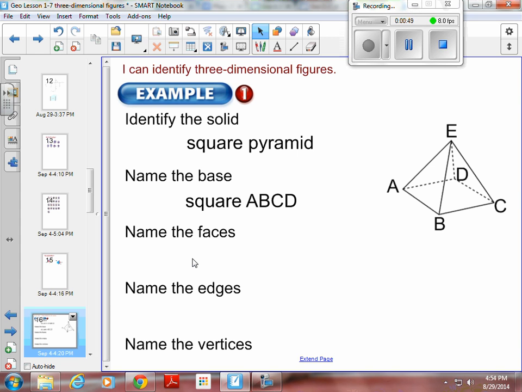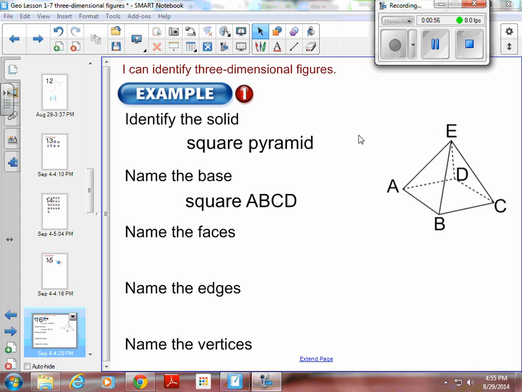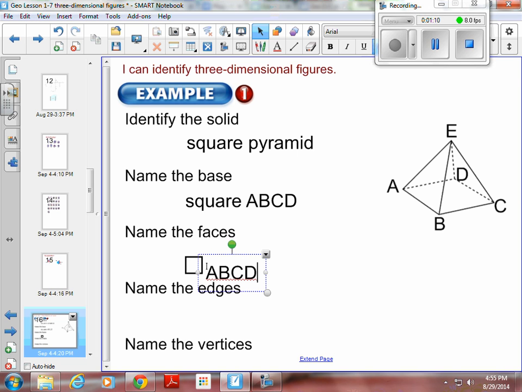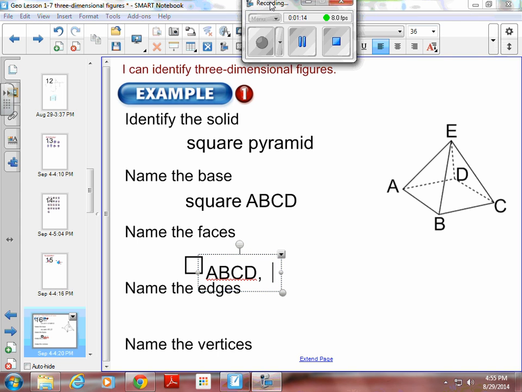Name the faces. Okay, well, the faces are the 4 triangles here. And the base is part of a face. So we have a square, so I need to put a square up here. And you can just write square, you don't have to write the whole thing out. So it would be square ABCD. Then you have your triangles. So let me grab some triangles here.